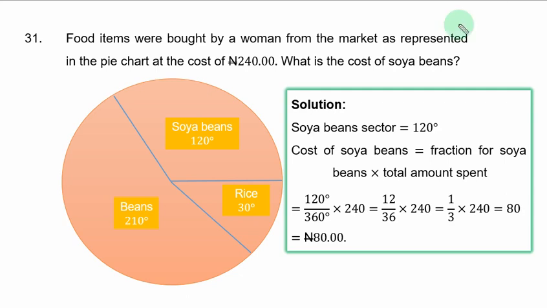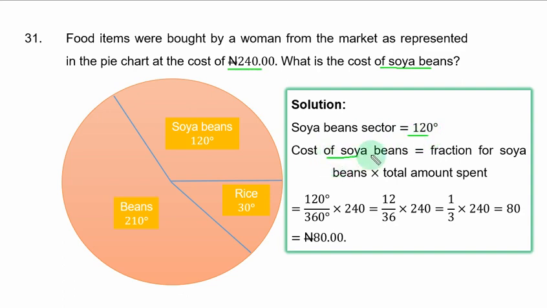Example 31. Food items were bought by a woman from the market as represented in the pie chart at a cost of 240 naira. What is the cost of soya beans? You have the given pie chart with various food items and their sectorial angles. We are interested in soya beans with a sectorial angle of 120 degrees.